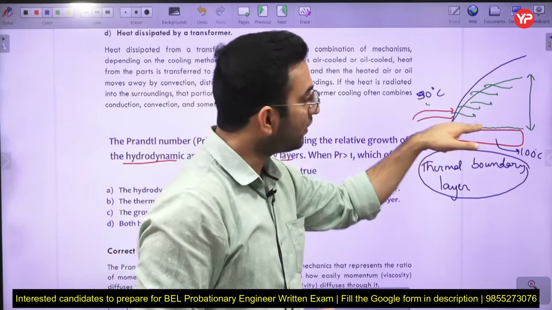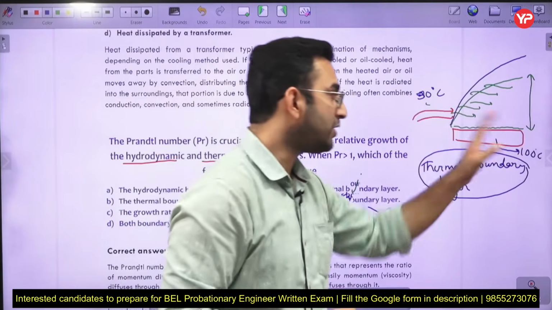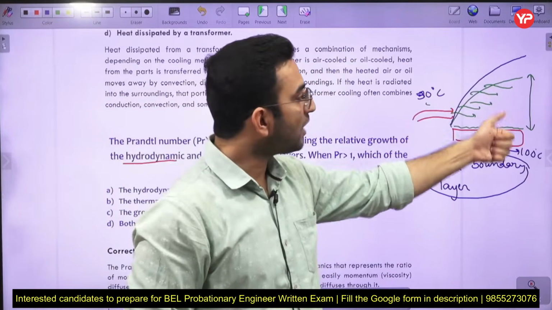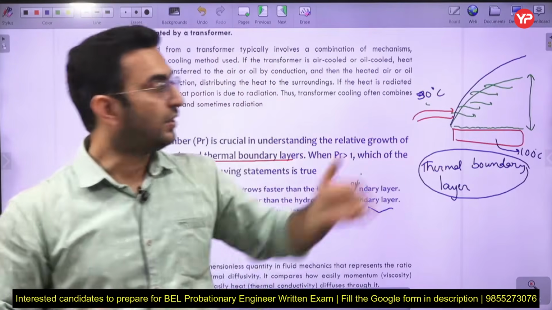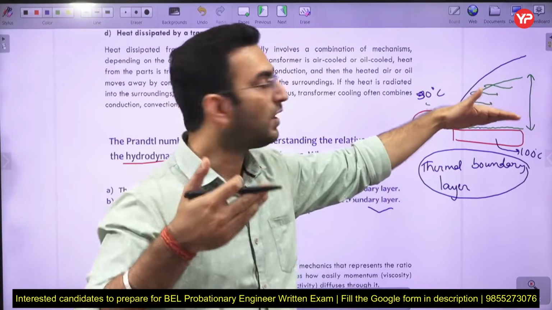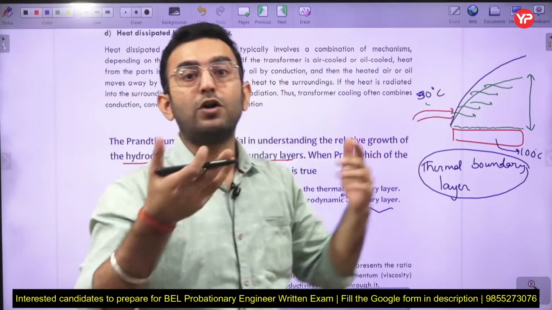This stagnant layer attains the same temperature as the solid body. But the layers above the stagnant layer experience a change in temperature. The layer very close to the stagnant layer has a higher temperature, but the layers at a higher distance have a lower temperature.